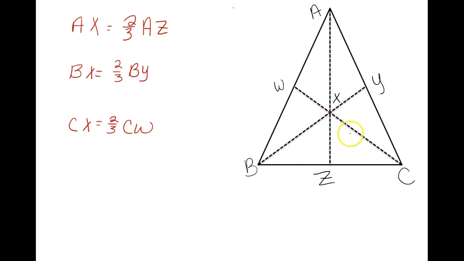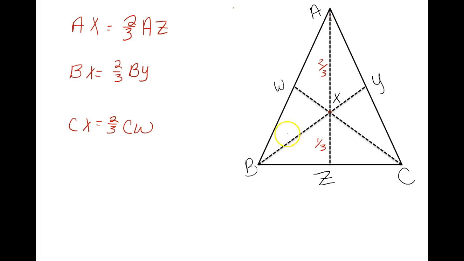All right, so that means let's start with this one, from A to X, if that is 2/3 of that entire segment, that means from X to Z, that would be 1/3, right? 2/3 and 1/3. That's just like if I had a candy bar and I cut it into three pieces and I gave away 2/3 of it, I'm still going to have a third left.